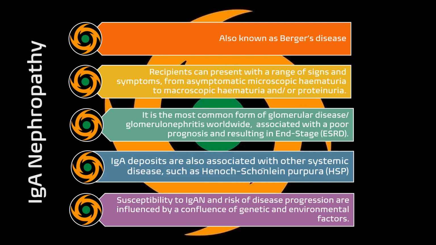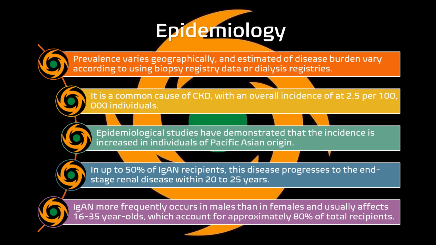Susceptibility to IgA and risk of disease progression are influenced by a confluence of genetic and environmental factors. Now, the epidemiology. The prevalence varies geographically, and estimates of disease impact or burden can vary accordingly.